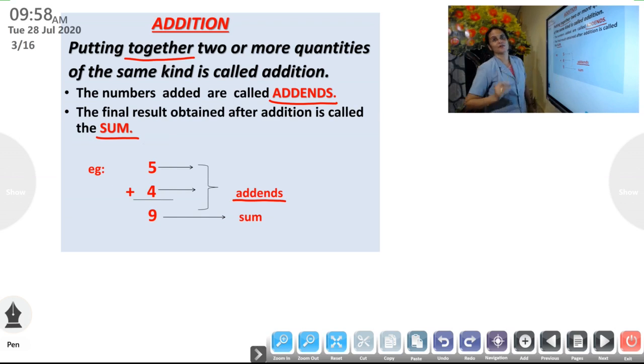The addends. And 9 is what? 9 is the sum. So 5 plus 4 is equal to 9. Here 5 and 4 are the addends and 9 is the sum. Okay, is it clear?